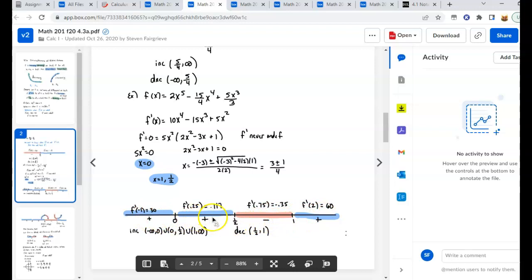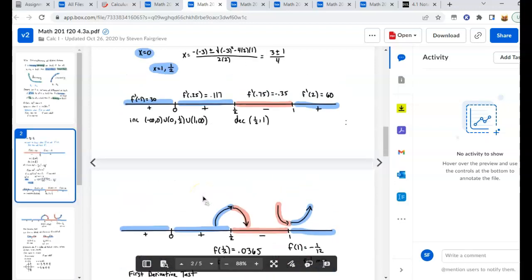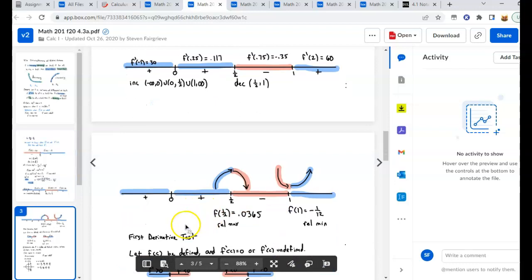If it's positive, then it's increasing on that interval, as was the case in this problem. If it's negative, it's decreasing on that interval. You could also be asked about relative max or min. So in the same problem, I just took and relabeled my sign chart, and here I see that it's increasing, and then it's decreasing, so that's a relative max.